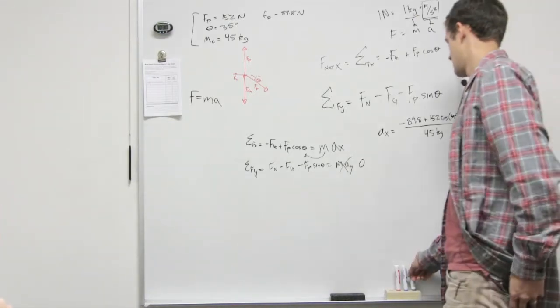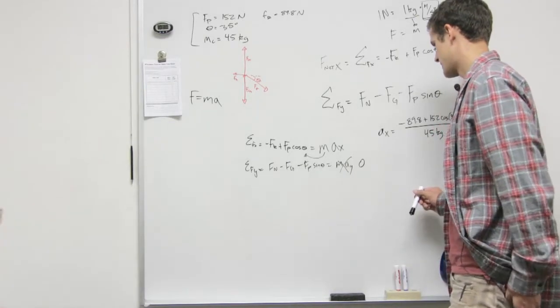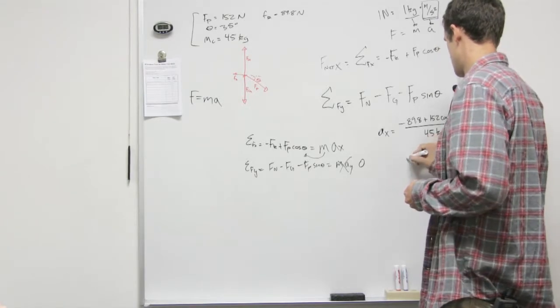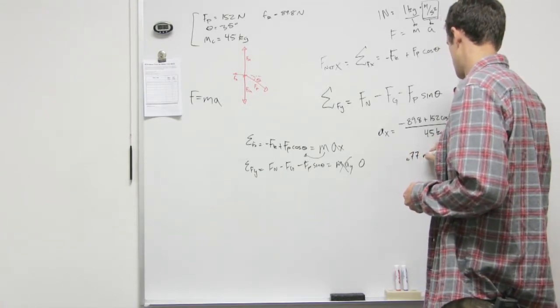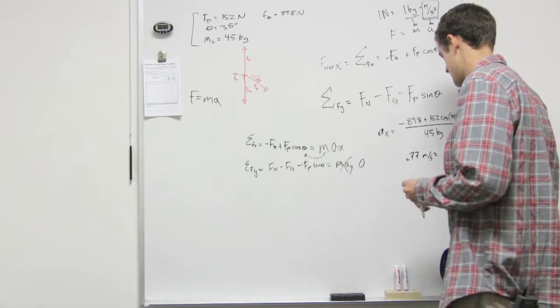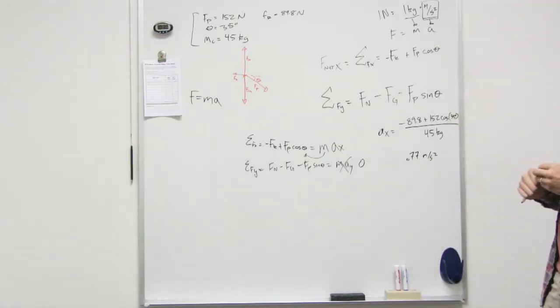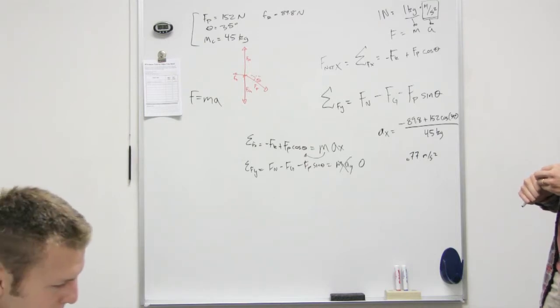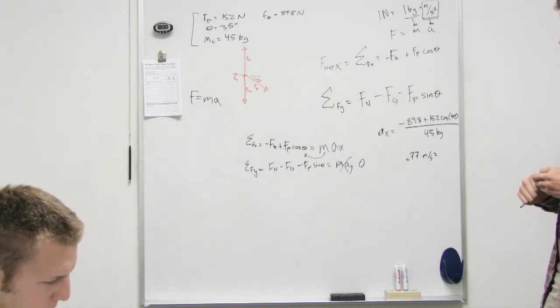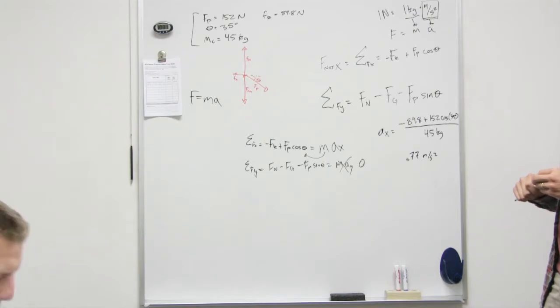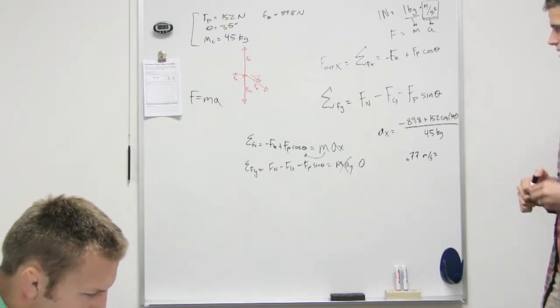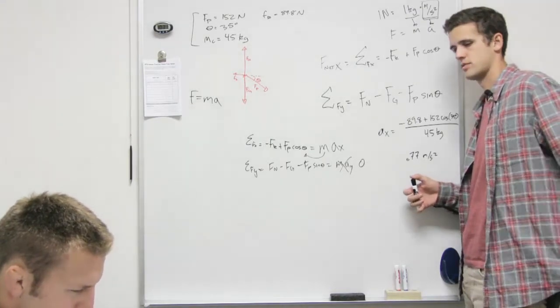Okay. So 3.77 meters per second squared. That makes sense. You push it for a couple of seconds, you're up to 2 meters per second or something like that. It's a reasonable answer.